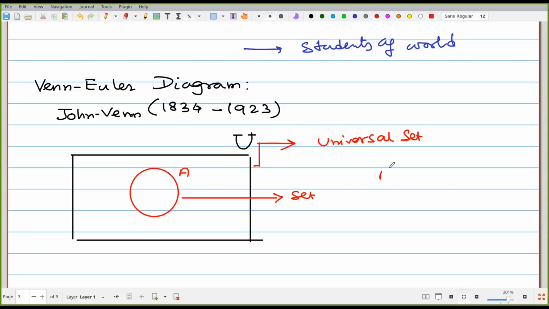So suppose we have A is equal to {1, 2, 3} and B is equal to {1, 2}.